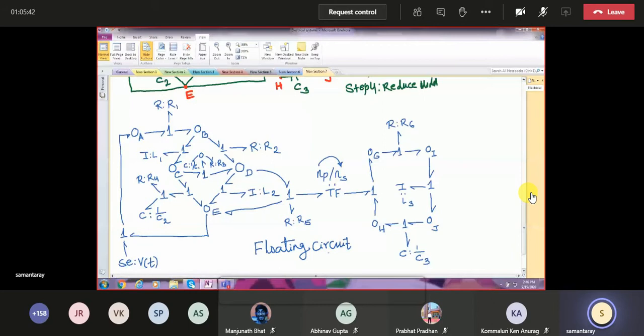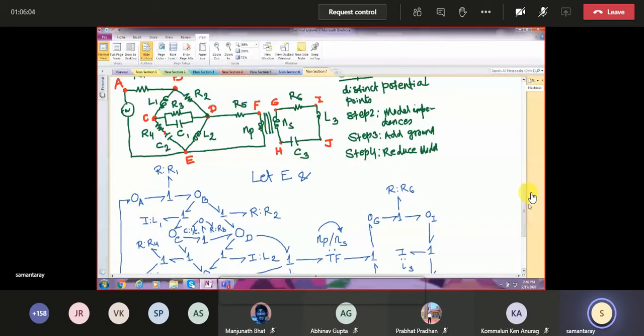So let me choose E on this side. Usually we ground the negative terminal of the source. So I choose E here, and on the other side, you have to choose another ground.